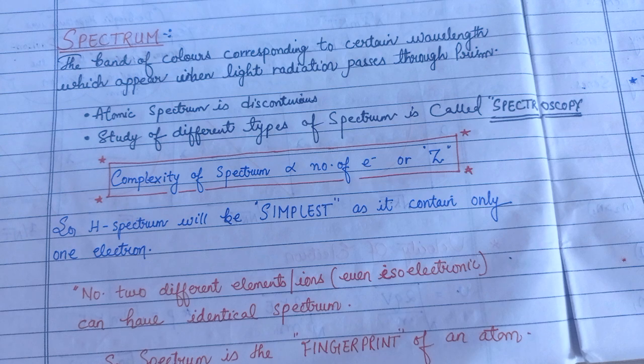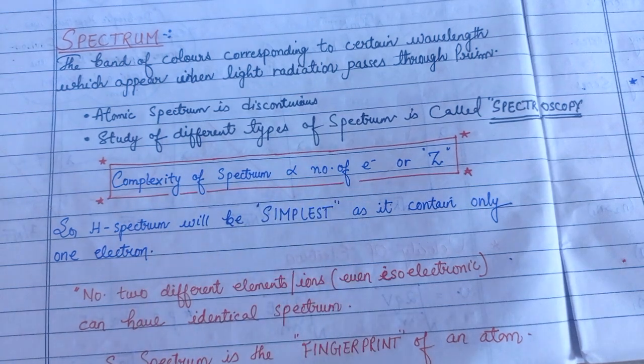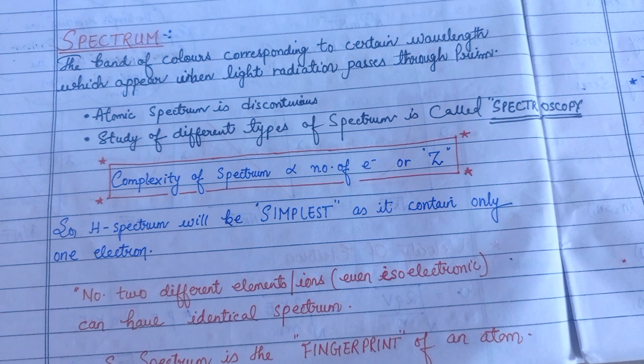Keep listening carefully without any disturbance, because the next thing that I'm going to explain is very important for you. All the atoms have a spectrum. The complexity of the spectrum depends upon the number of electrons or the atomic number. Then my dear students, you are thinking, sir, hydrogen has only one electron.